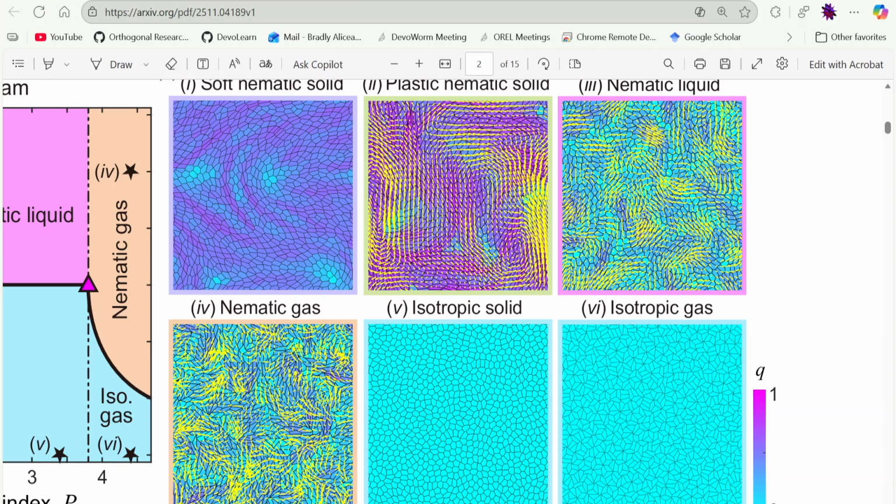They're all five and six sided objects: hexagons and pentagons, in this swirl. You can see the swirl here, where they change direction, but it isn't abrupt necessarily. Plastic nematic solid, it looks like it has kind of this.